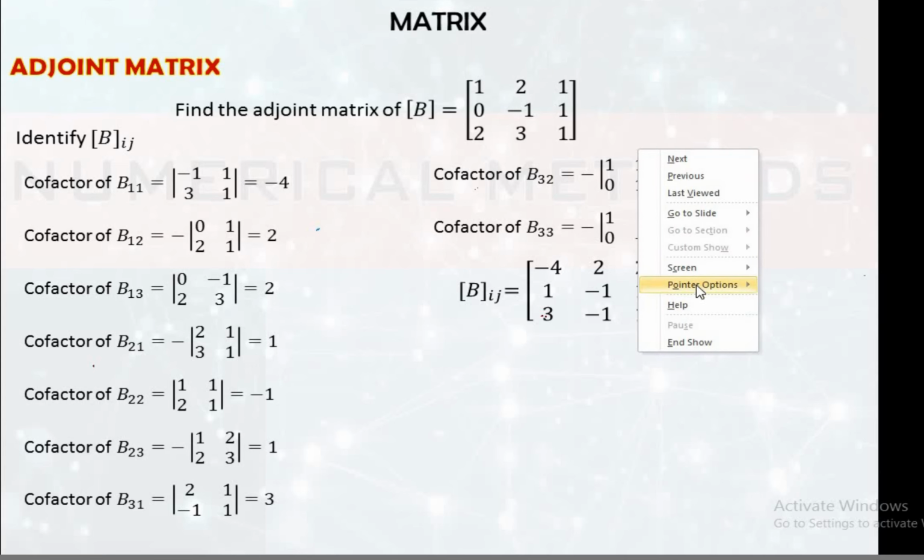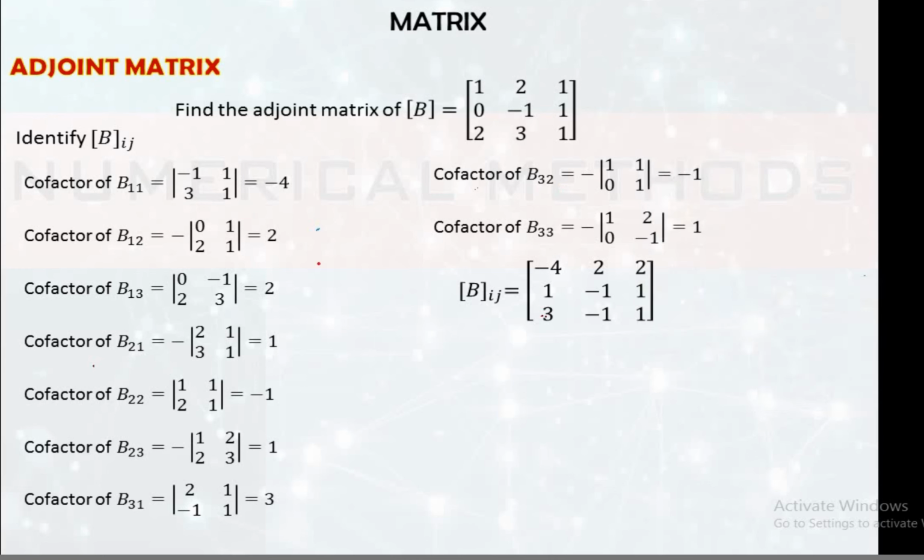Ma'am, hindi ko po magets. Paano yun? Ulitin ko po. Itong matrix na to, bago ninyo ma-solve yung kanyang adjoint matrix, you need to get the cofactor matrix of this one. So how do we solve for the cofactor of this?